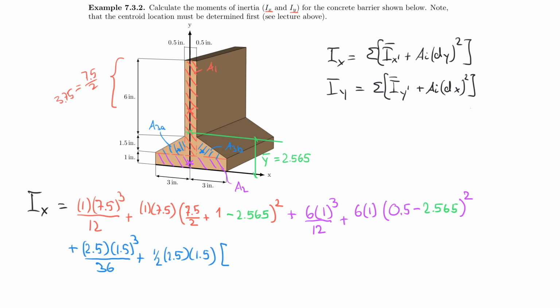So let's do that. So 1/3 times 1.5. And to stay with my colors here, plus 1 and minus 2.565. And then the whole thing squared again.